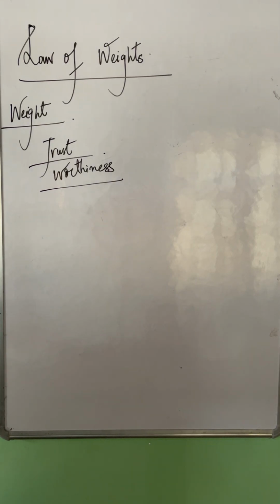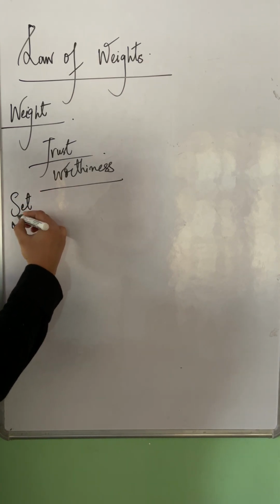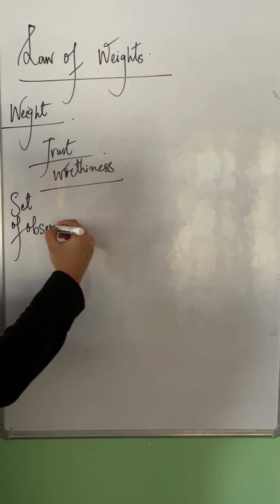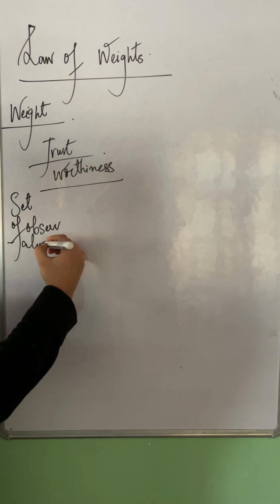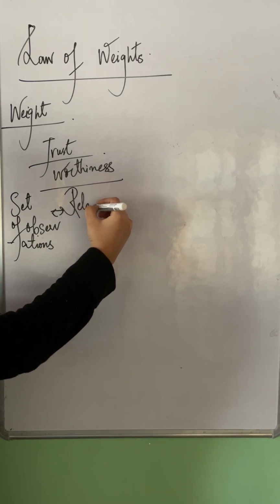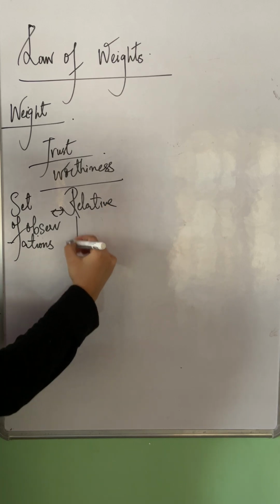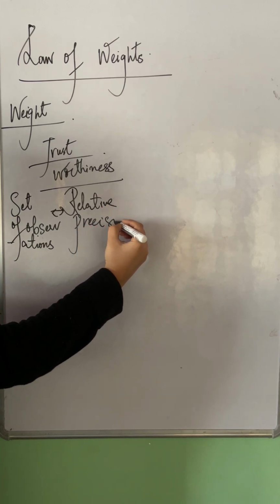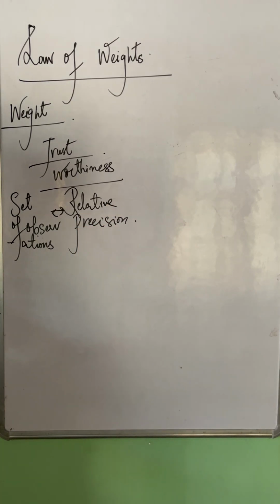And the weight indicates the relative precision of a quantity within a set of observations. The relative precision determines the weight of that particular quantity.